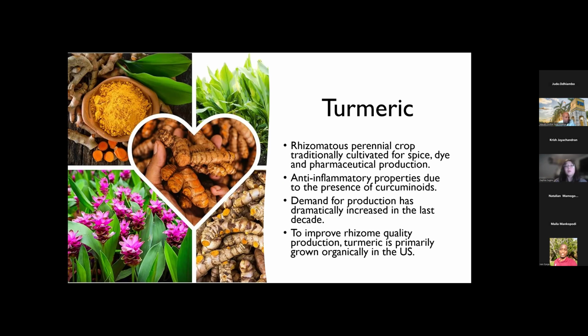Another really big reason why the USDA is pushing turmeric here in the US is because we often can't import turmeric as is. We can't import turmeric in rhizomes, because a lot of the time these will contain traces of soil and the like, and that could bring diseases and different pests into the US.